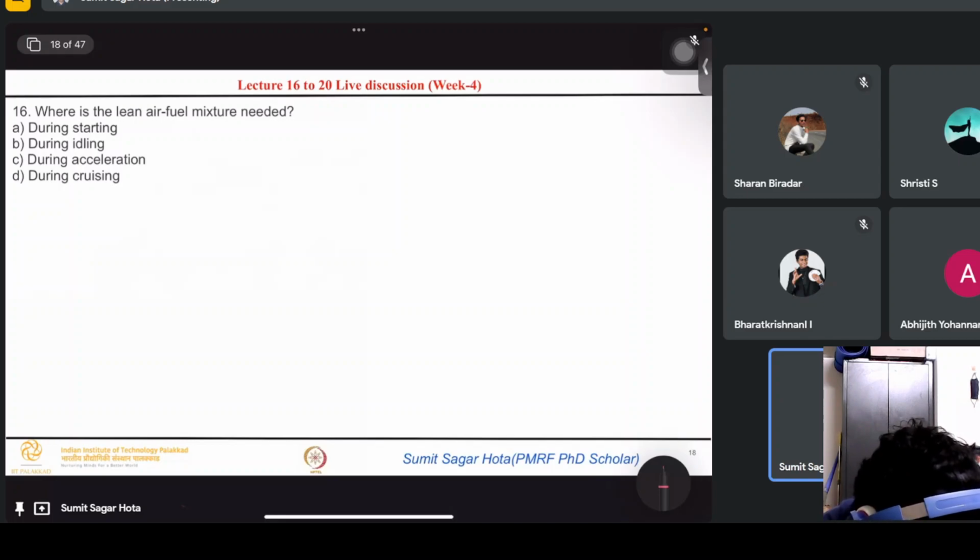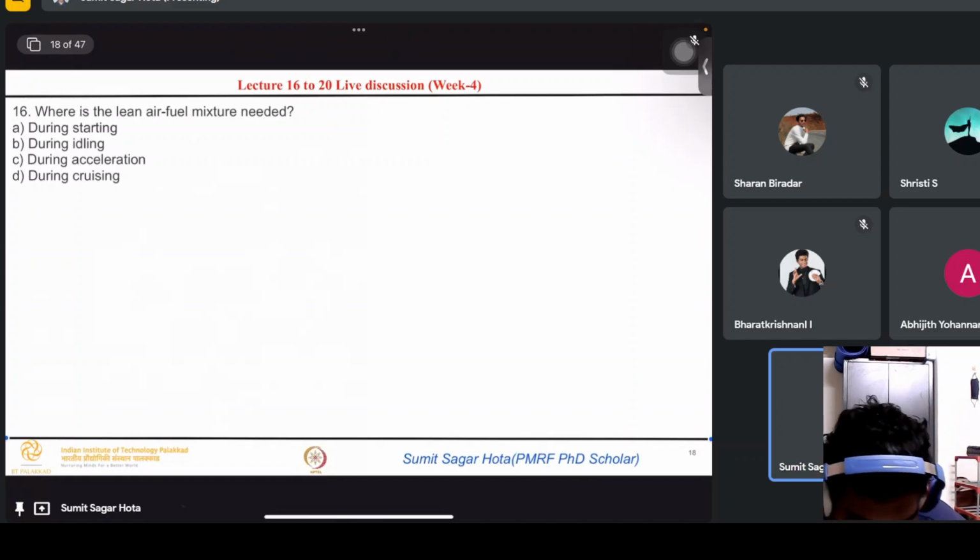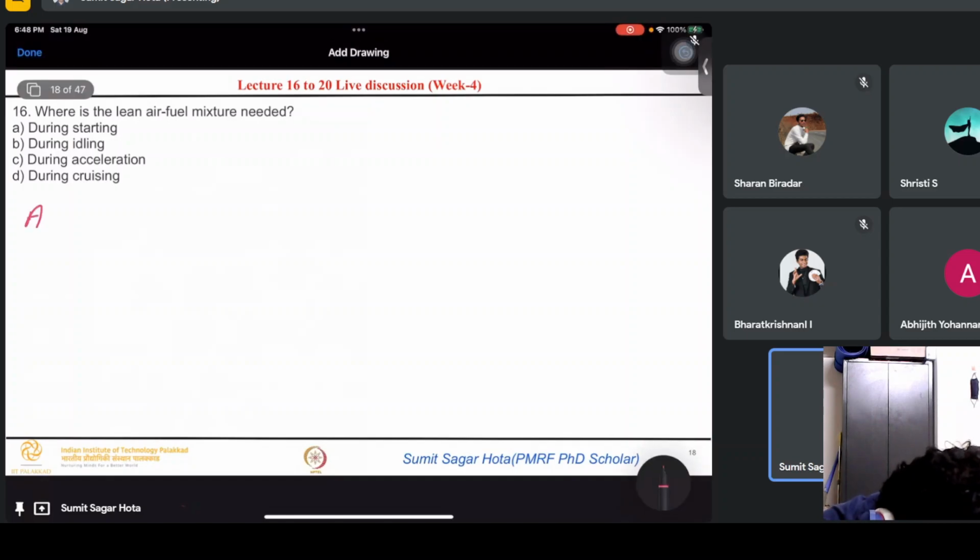During idling, nearly only air is enough, I think. So idling is not the correct option. Cruising is the correct option, where lean air fuel mixture is required. If it is extremely lean, then it may be the idling condition. Answer is D.